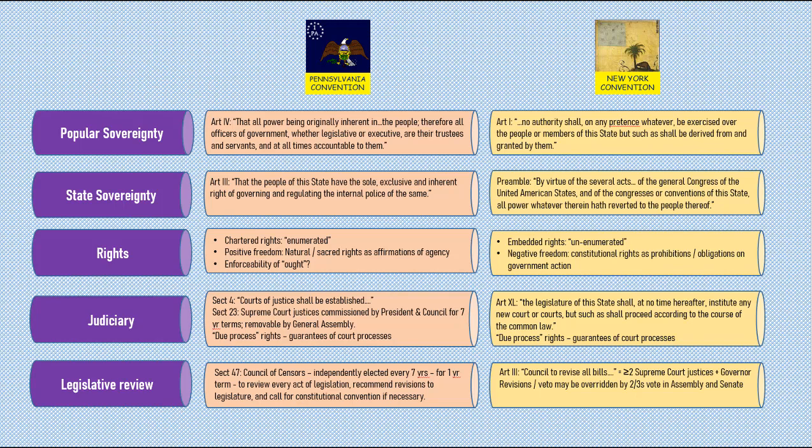The New York Constitution, in its preamble, says, "By virtue of the several acts of the General Congress of the United American States and of the Congresses or conventions of this state, all power whatever therein hath reverted to the people thereof." This is a very important principle for understanding the revolutionary constitutions. You want to imagine metaphorically that with the Declaration of Independence, government is dissolved and we are returned to the state of nature.